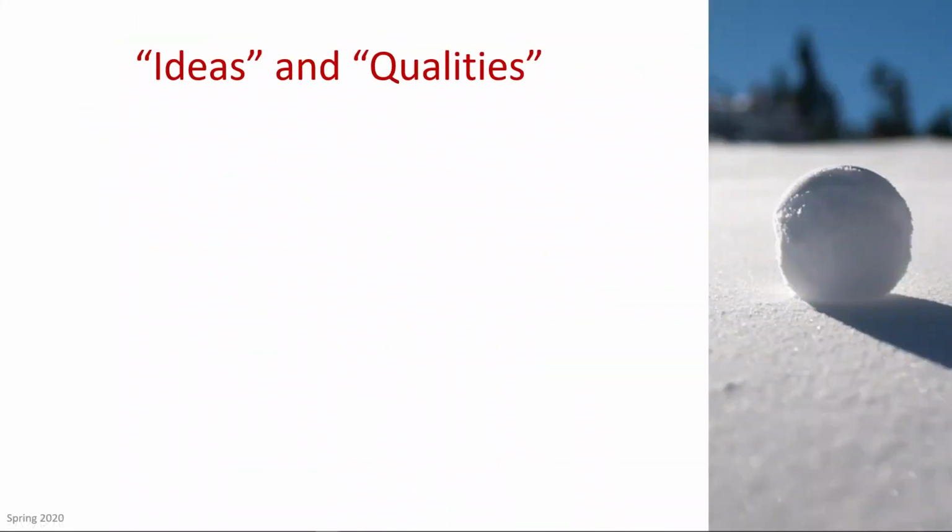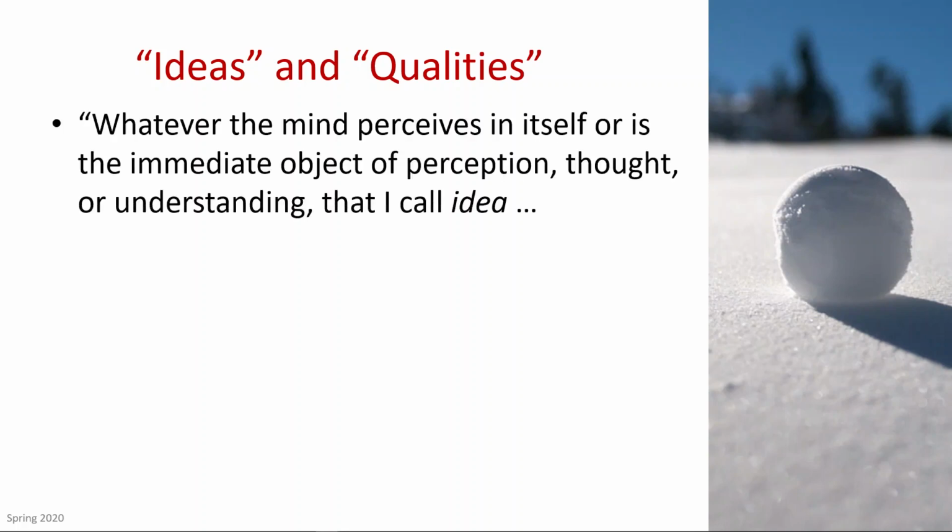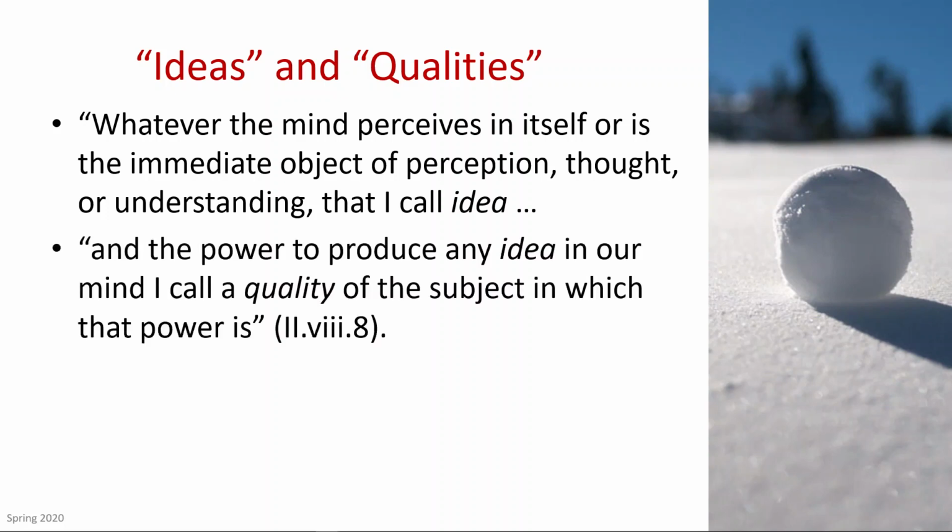Locke next wants to draw a distinction between ideas and qualities. So ideas are, again, whatever the mind perceives in itself or as the immediate object of perception, thought, or understanding. That I call idea. And the power to produce any idea in our mind I call a quality of the subject in which that power is.